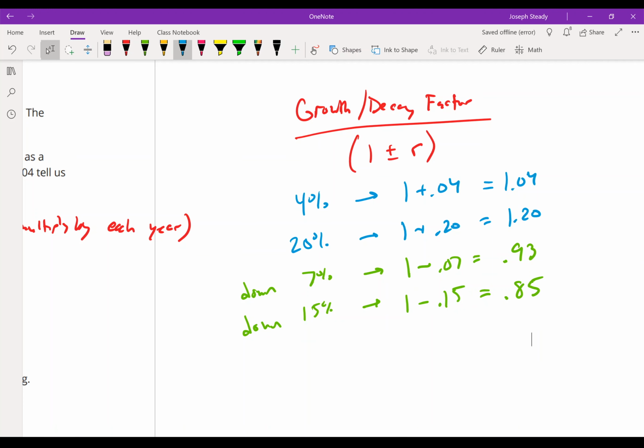Now I want you to notice one thing about these numbers. When the value is growing, these are bigger than 1. And when the value is shrinking, or when it's a decay problem, these are less than 1. That will always be true, and this 1 plus the rate or 1 minus the rate shortcut will always work.